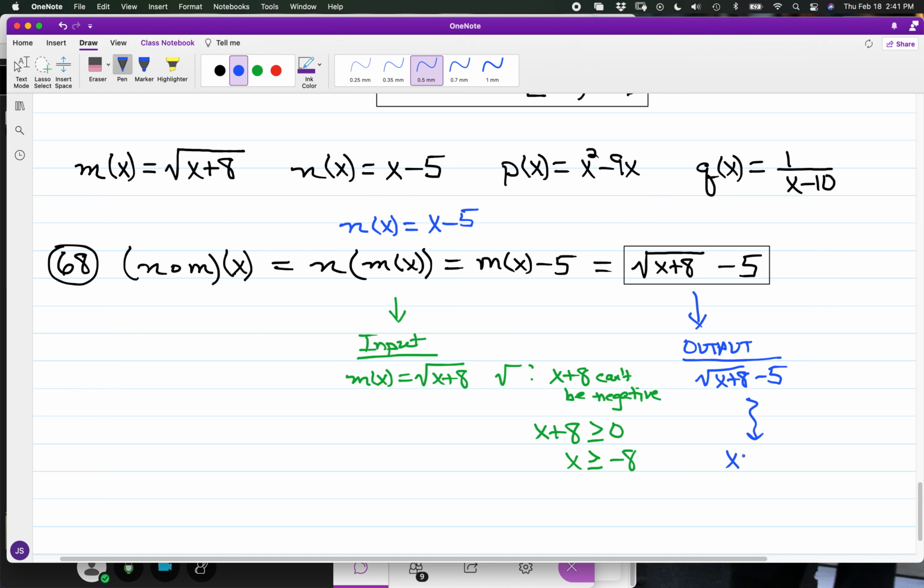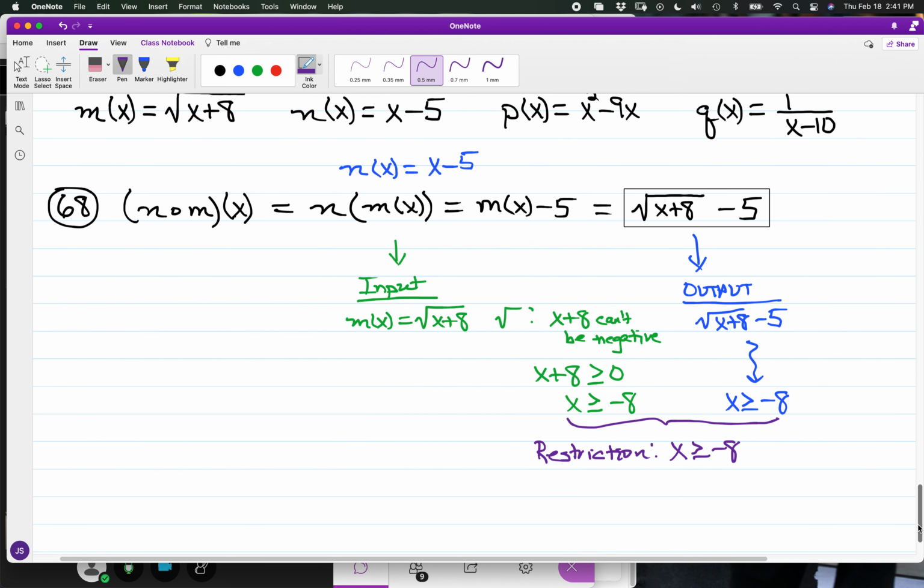So we're still going to have that x is greater than or equal to negative 8. So between the input and the output, we have only one restriction, and it happens to be shared between the input and the output.